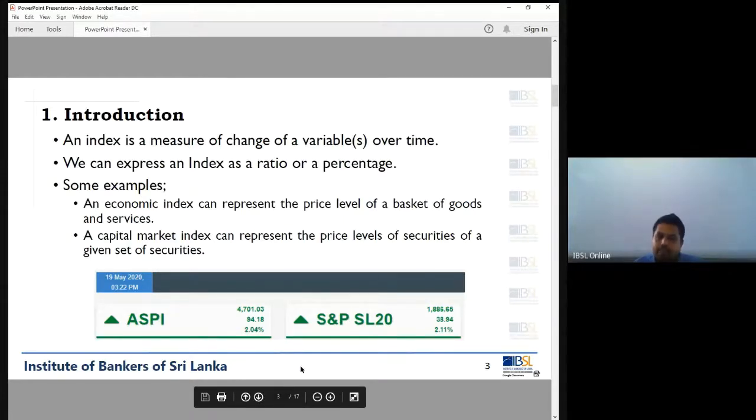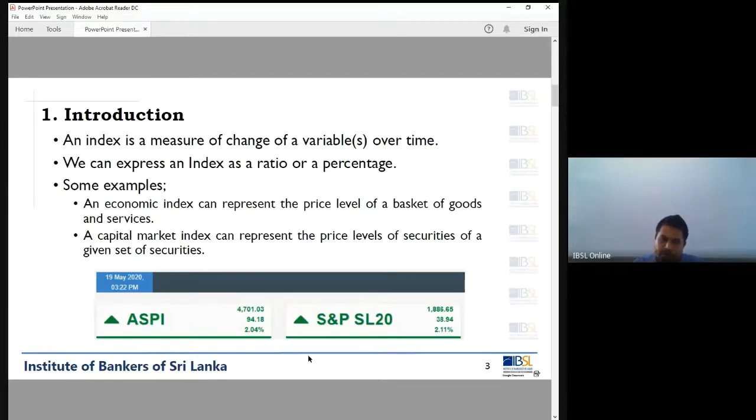This is the value that was quoted on 2020 May 19th at 3:22 p.m. The ASPI, the green number here, stands for All Share Price Index, and the other one, S&P SL20, stands for Standard and Poor's SL20 Index. Now, what are these numbers? Look at this: 4,701.03. That's the value equivalent to the 42,000 and 45,000 example that we discussed.